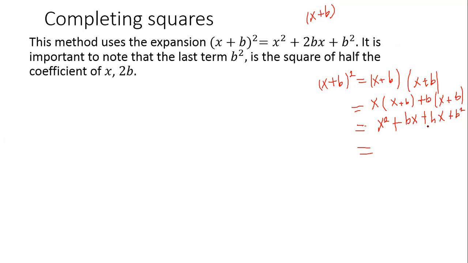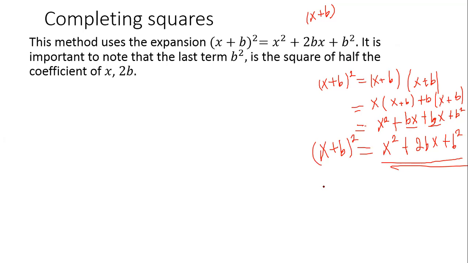So these ones are similar, they are same terms, so we shall add them. So bx plus bx gives us 2bx, and then lastly plus b squared. So that is what we get when we expand x plus b squared.